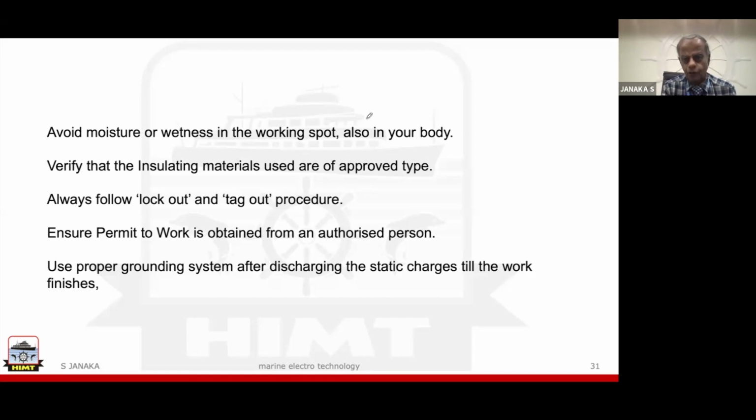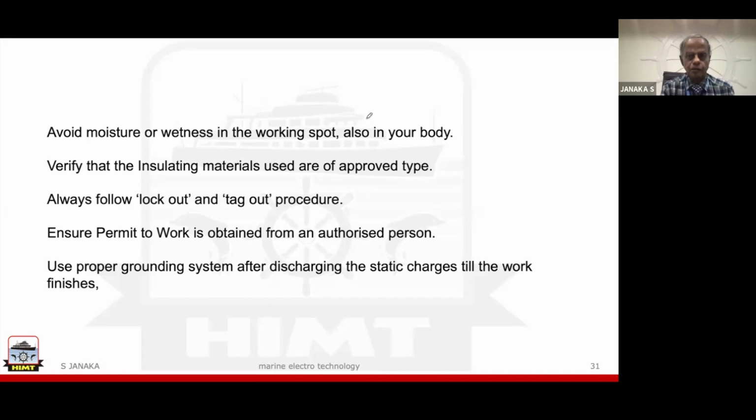The lockout tagout procedure is normally followed on board a ship, preferably even outside. We put out the circuit breaker and then lock it so that nobody can switch it on, even by mistake. Put a tag regarding the work and how many hours it is going to take. A work permit has to be given.